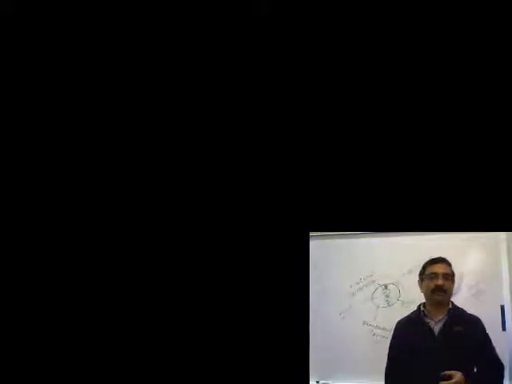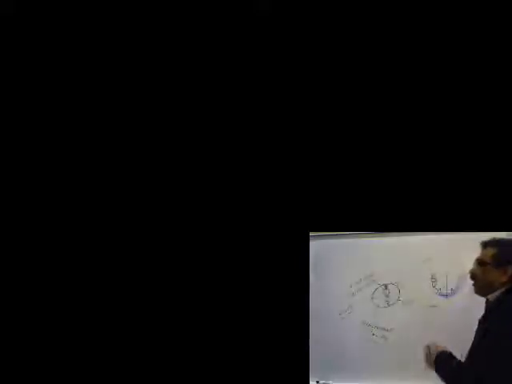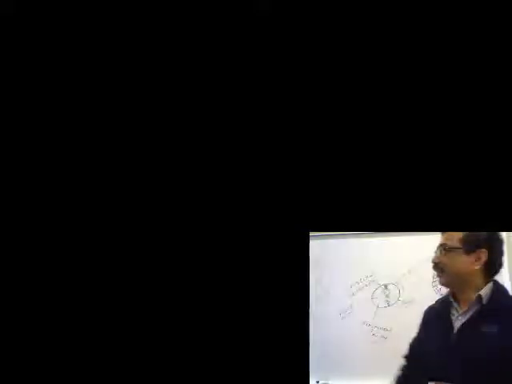The outermost covering of the crown, that is white covering, is called the enamel. You all know that, right? That's the white outer covering of the crown. And under the enamel, you have very hard part, that is the dentin.